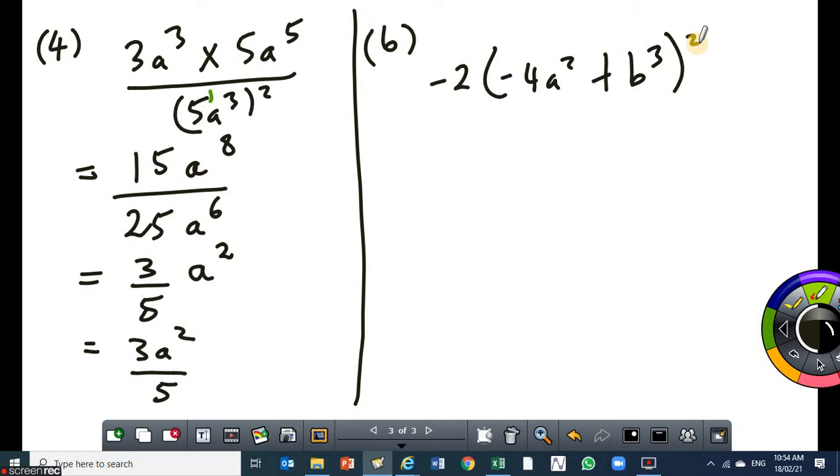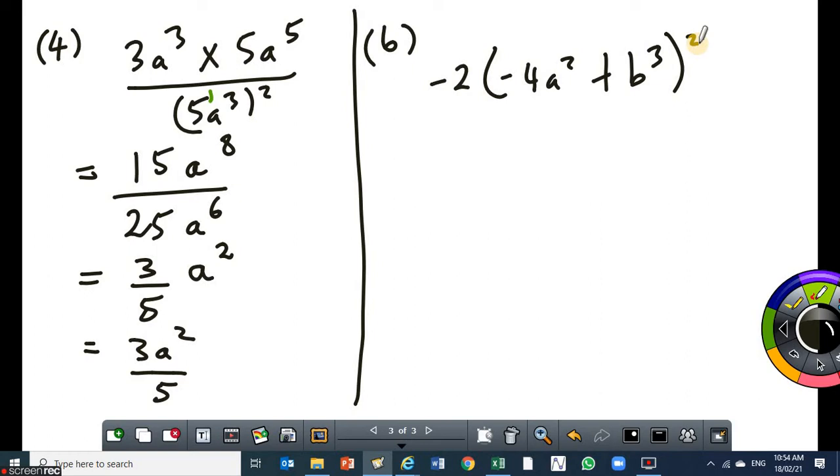So this was equal to a plus b times a plus b. If you simplify this using FOIL, this becomes a squared plus 2ab plus b squared.